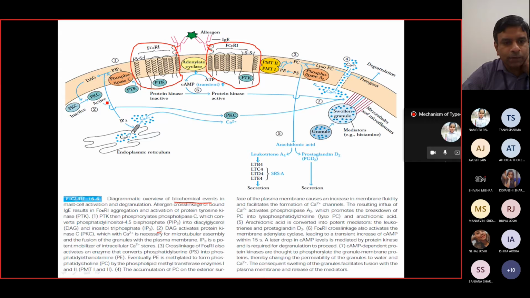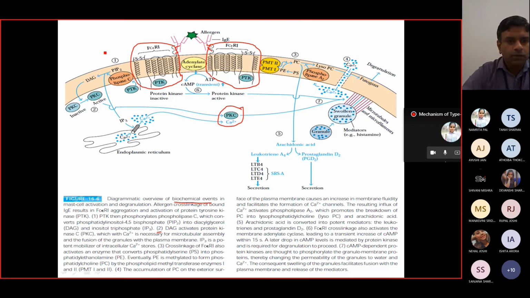So यहाँ से ये जब PKC activate हुआ, so along with the help of calcium, okay, it helps in microtubule formation and the fusion of this granule with the membrane, right? So ये जो granule होता है ये membrane की तरफ move होता है and then it fuses with the membrane, right? और जब ये fuse करता है then all the content comes out, okay?